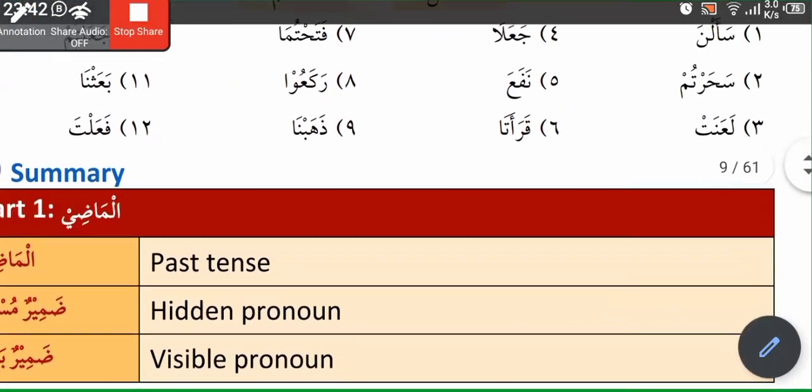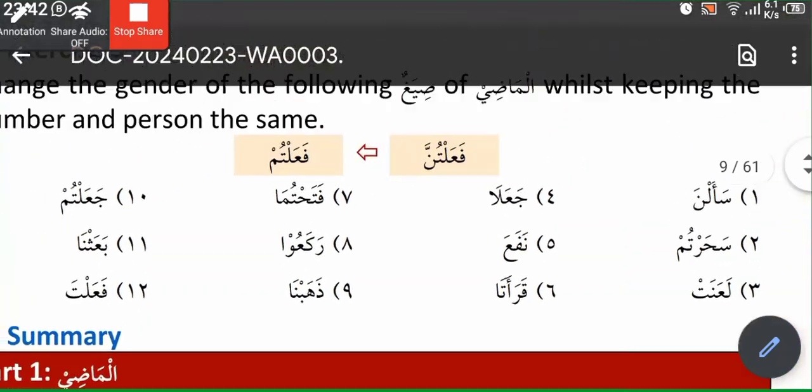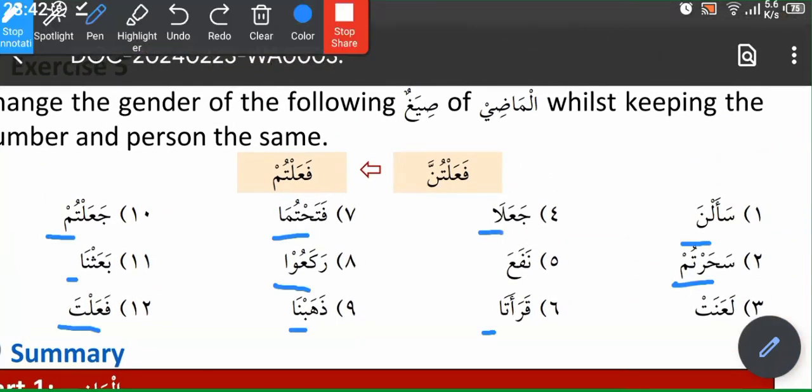These are all zamir bariz, the visible pronouns. But there are some invisible pronouns in these examples, like la'anat, invisible pronoun. Here we have nafa'a, invisible pronoun, right? So two of them are mustatir and all others are bariz.